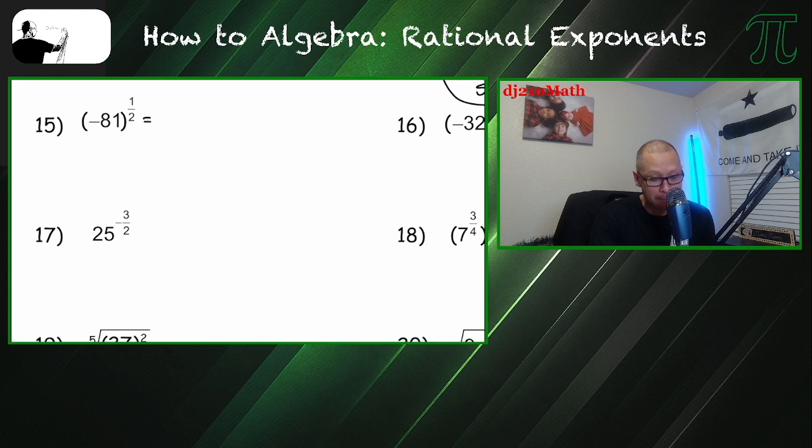It's going to be a complex number. So we know that this would be 9i, because the negative would come out of the square root as i, and the square root of 81 is just 9. So this is definitely a complex number.